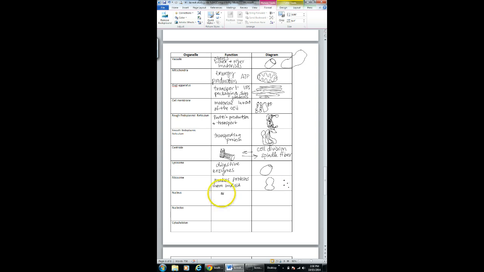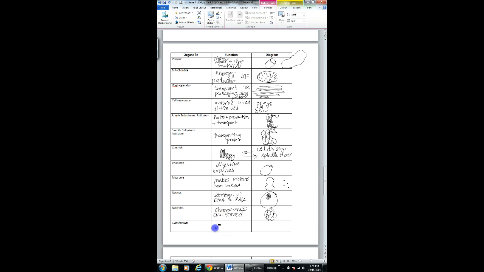Okay, nucleus, this is storage of DNA and the place where RNA is made. And the nucleus is a circle with a little nucleolus inside, and that's where all the DNA is in its chromosomes. Nucleolus, we can draw that a little bigger here. And this is where chromosomes are stored.